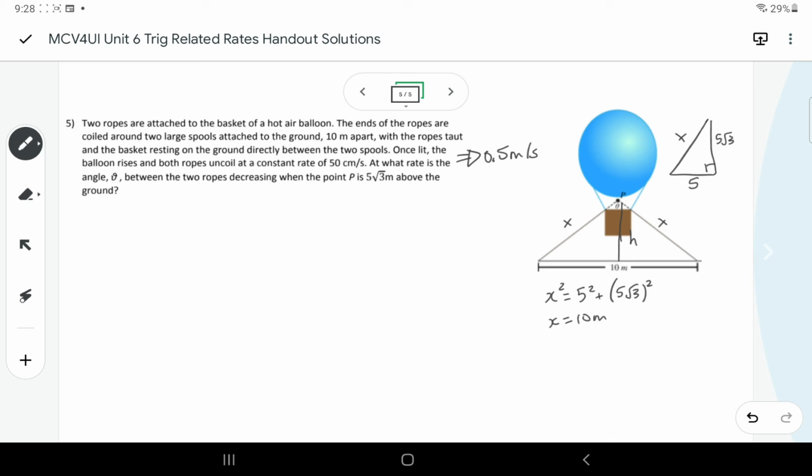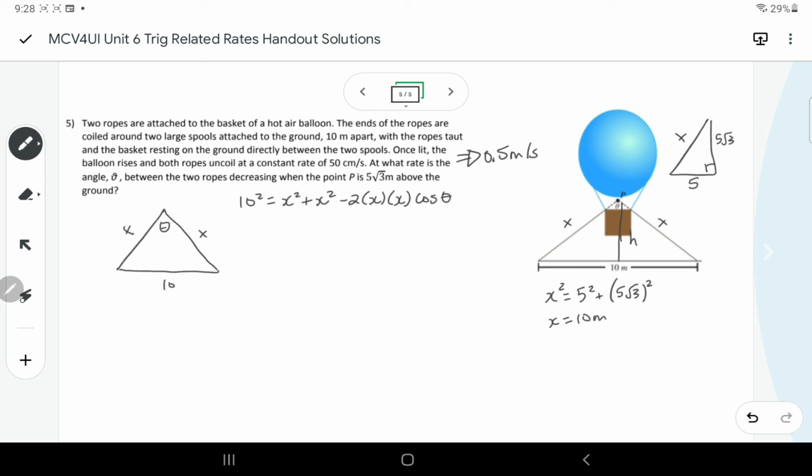Now I need to figure out a relationship between theta, this 10, x, and x. And to me, that looks like a cosine law. So I'm going to say that 10 squared equals x squared plus x squared minus 2 times x times x times cos theta.